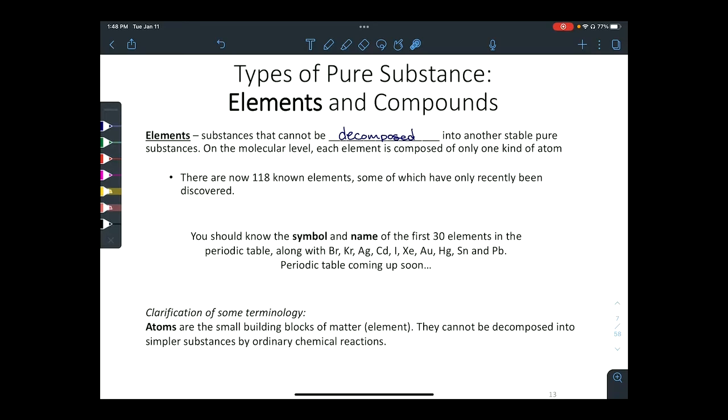Right now there are about 118 known elements. If you walk around and see different periodic tables, these periodic tables are out of date, because they're missing elements like 113, 114, and 115. We've actually discovered all of those elements. They typically only exist for a couple of milliseconds, so they don't have official names like some of the other elements.